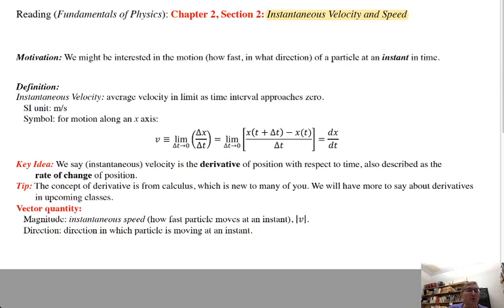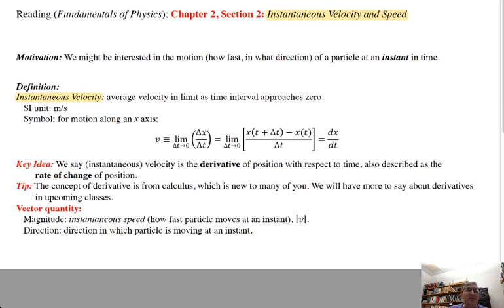So let's introduce a new quantity, instantaneous velocity, which, by the way, most physicists just call velocity for short. But for now, I'm going to use the full terminology, instantaneous velocity. What is its definition? First, in words.